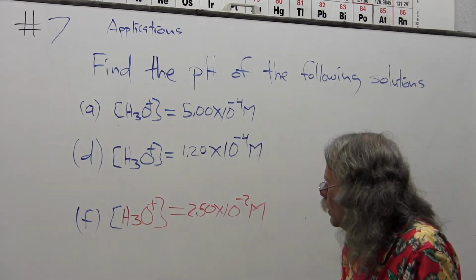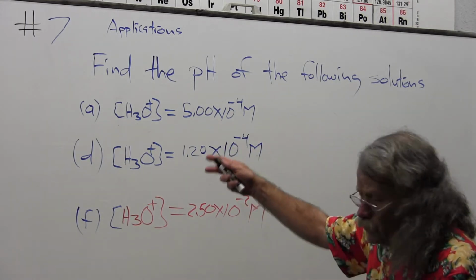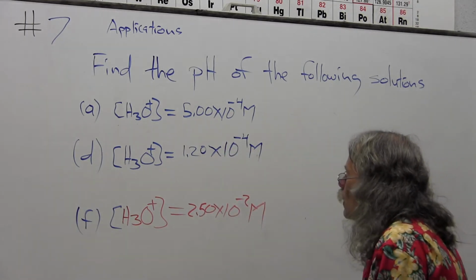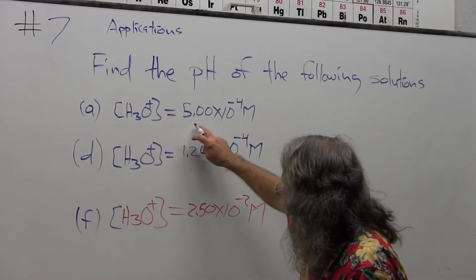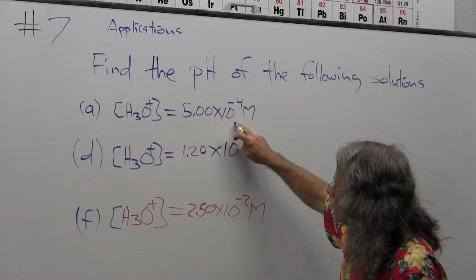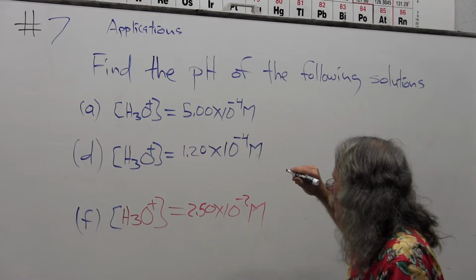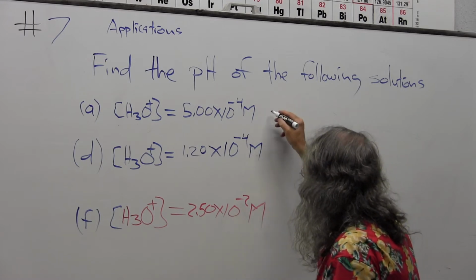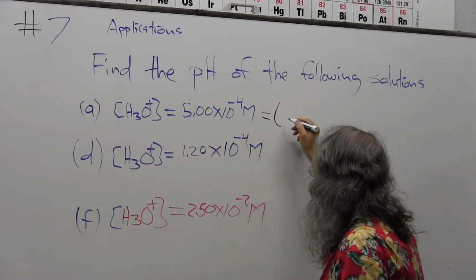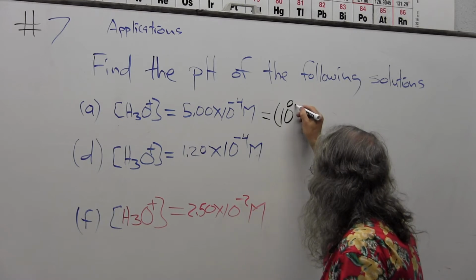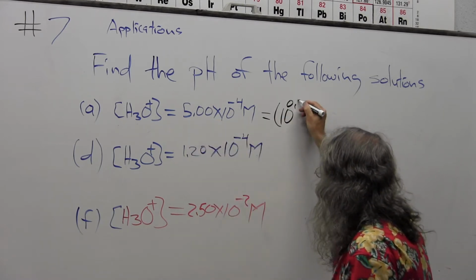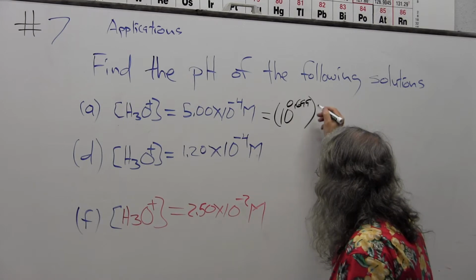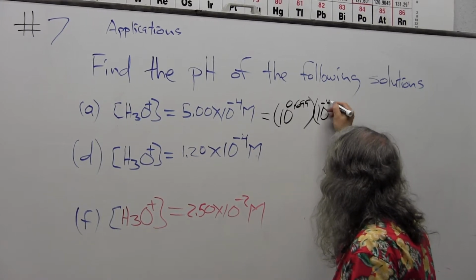And so in the first one, I just chose C for this demo. The hydronium ion concentration is 5.00 times 10 to the minus 4th. And therefore, that is equal to, we know, 10 to the 0.699 times 10 to the minus 4th.